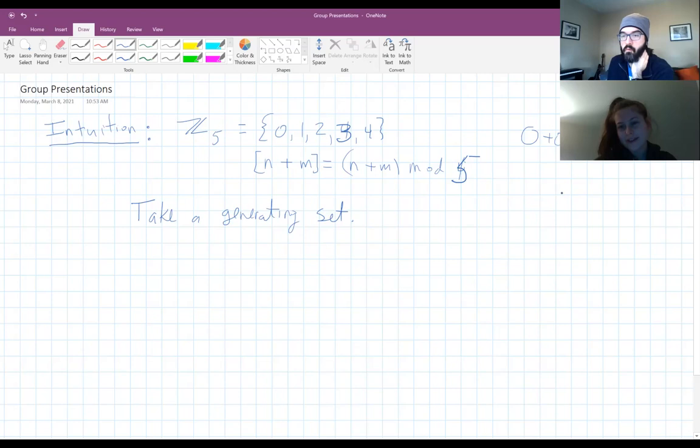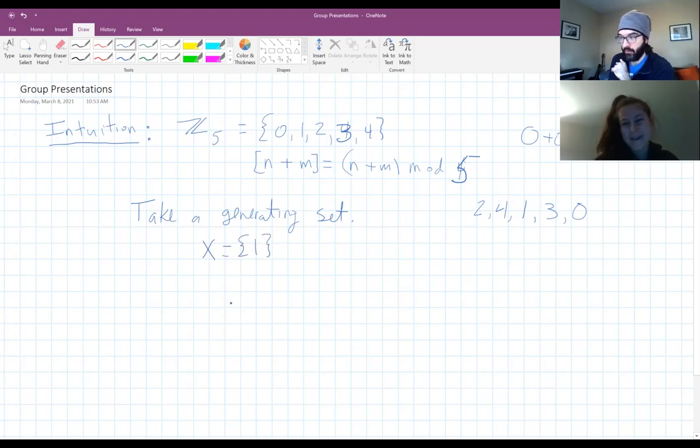You can take the whole thing as a set, but for example, yes, you can take 2, because 2 plus 2 is 4, 4 plus 2 is 6, which is 1, 1 plus 2 is 3, 3 plus 2 is 0. So that's everything. You can take anything, because 5 is prime. Let's just take a simple one. Let's just take 1.